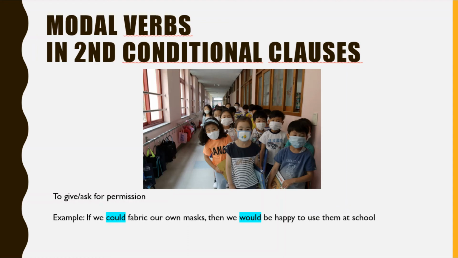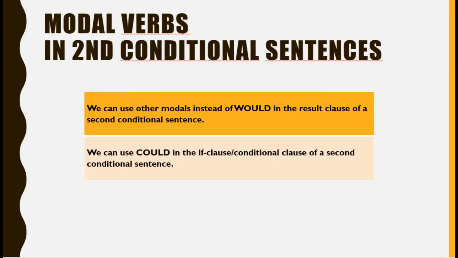It is very important for you to know that, therefore, we can use other modals instead of would in the result clause of a second conditional sentence. Also, that we can use could in the if clause of a second conditional sentence.